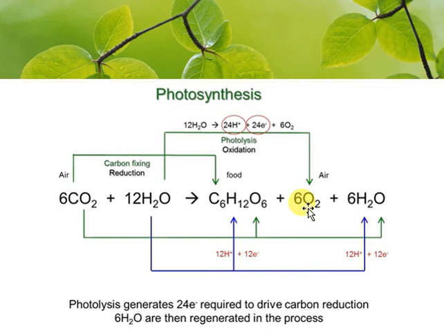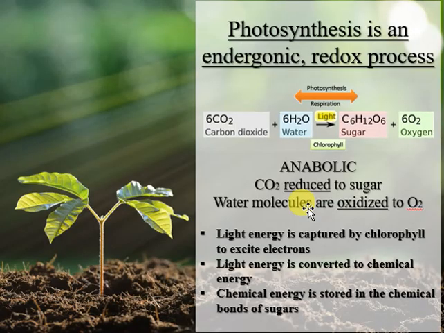Now, kind of an interesting tidbit of history here. One of the first clues as to the mechanisms of photosynthesis came from the discovery that oxygen given off by plants comes from water, not carbon dioxide.